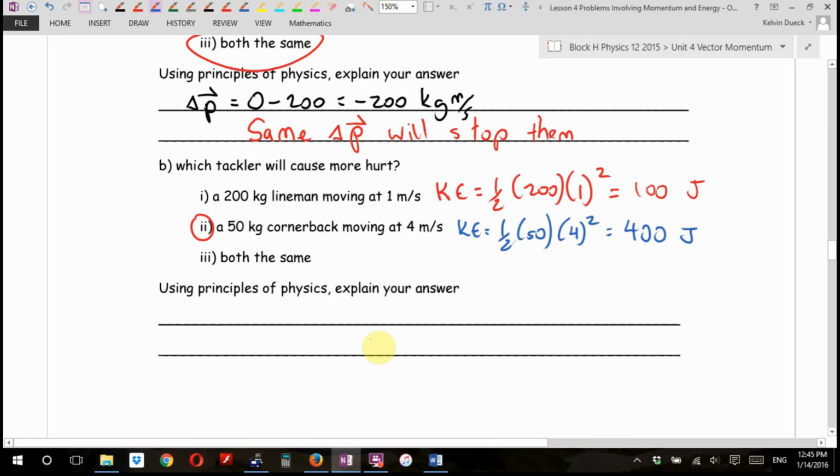So using principles of physics, that's why. What are the worst collisions, Kiowa? Where you have the biggest balance between a heavier player who can still move really fast. In football, if you watch NFL or CFL, which position typically has heavier guys that can still move really fast? On defense.